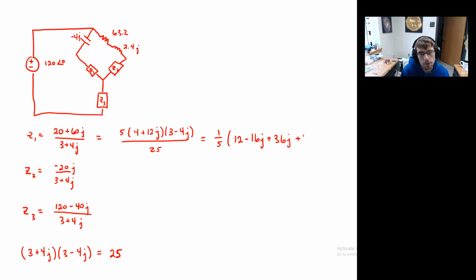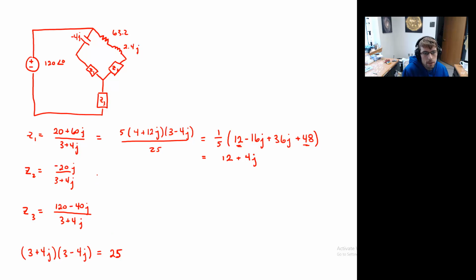So that'll give me a plus 48. And so at the end of the day for Z1, it looks like I get something like 12 plus 48 divided by 5. So that gives me 12 plus 4j. So there's our value for the first impedance, Z1.